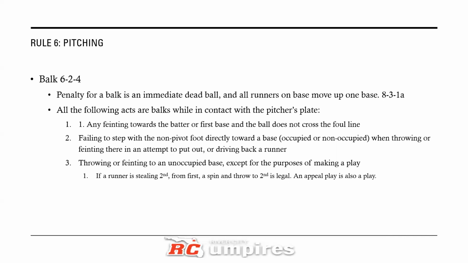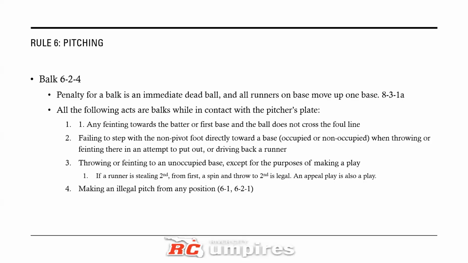So if a right-handed pitcher has a runner on second and the runner breaks, he takes his non-pivot foot and just steps toward third and keeps running, that's good, right? Yeah, because you can fake third in high school. You do not have to throw to third or second in high school.